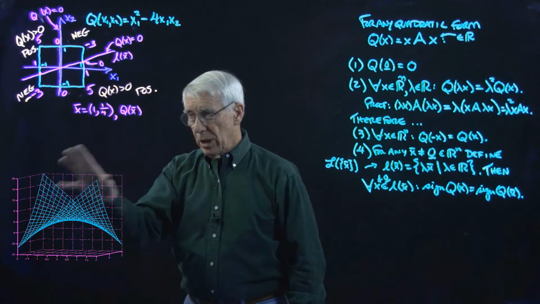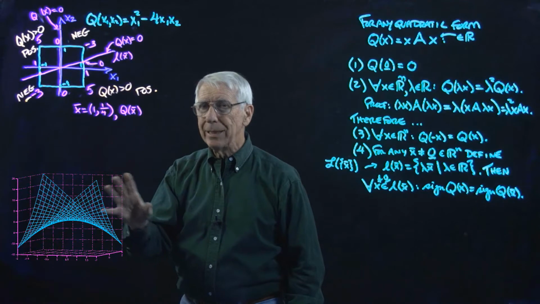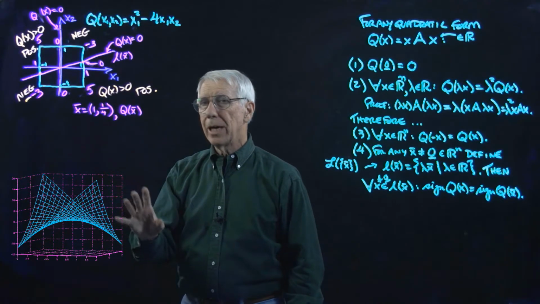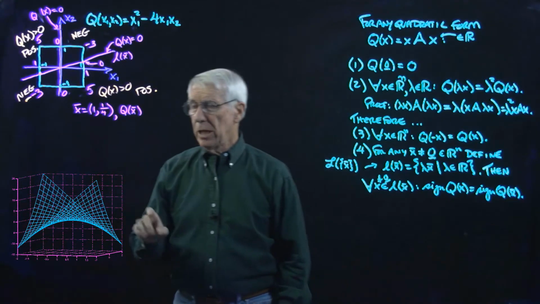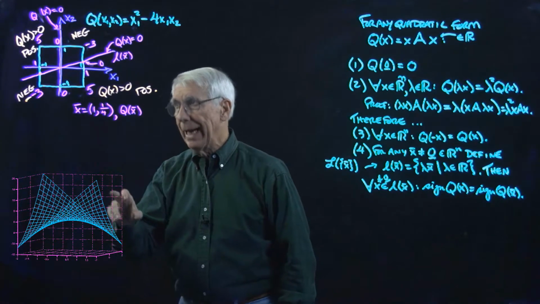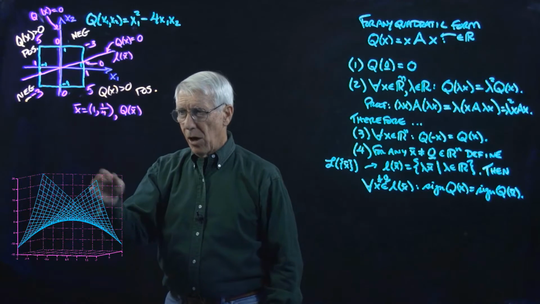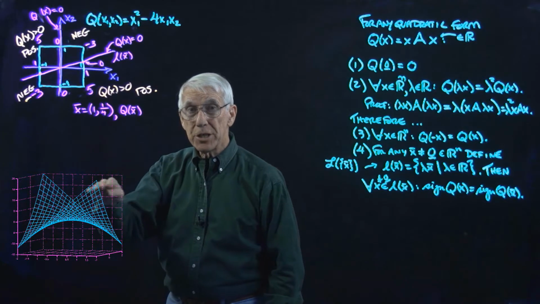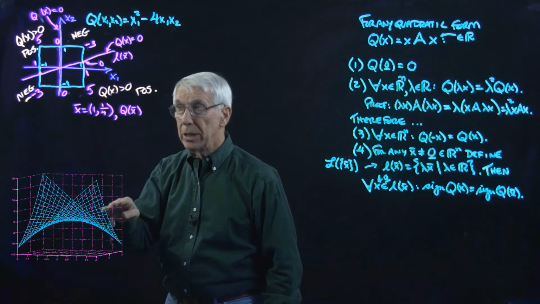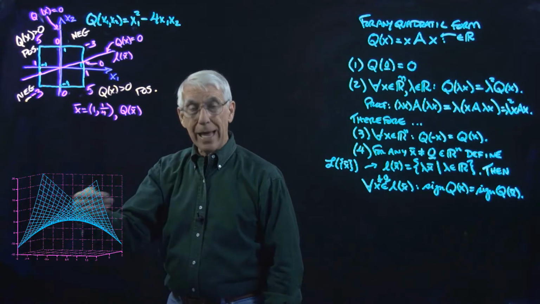And if you look at this carefully for a little while, you can see that there's a line in the domain, like this one, along which it appears that the graph just stays zero. And another line, one of the axes.